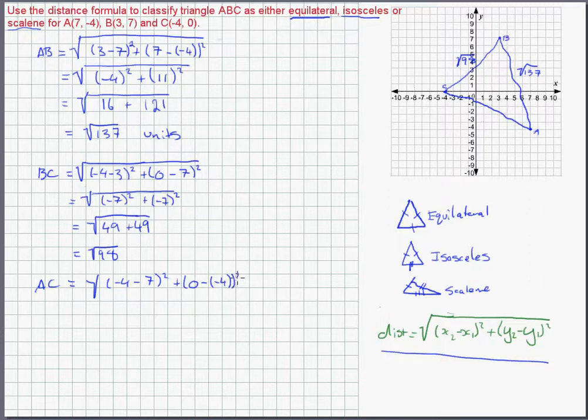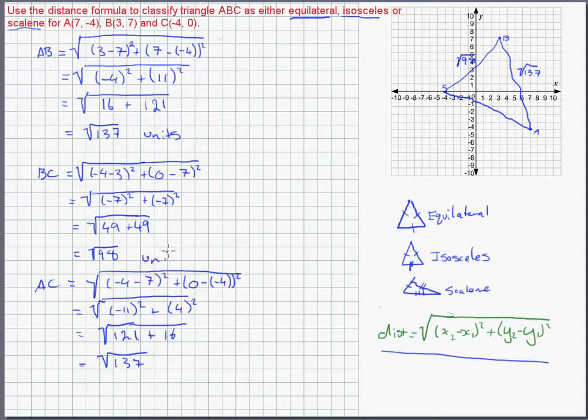Remember, it's helpful if you're substituting negative numbers to put it in brackets. That way you'll know that subtracting a negative number becomes positive. So we have the square root, negative 4 minus 7 is negative 11 squared, plus 0 minus negative 4 is positive 4 squared. And remembering 11 squared is 121 and 4 squared is 16, our answer is the square root of 137.